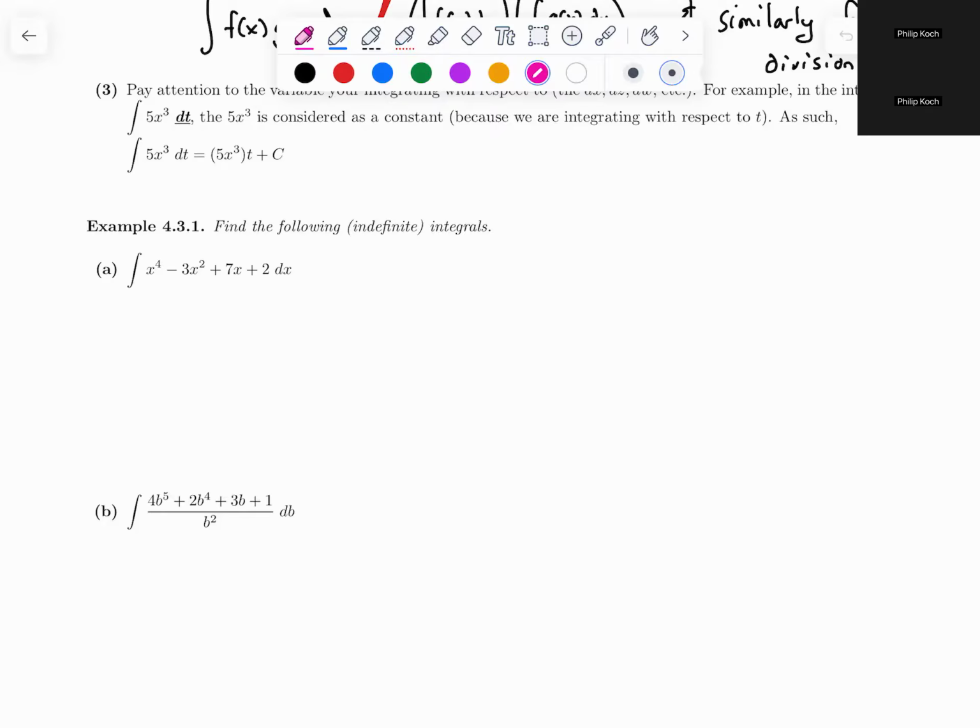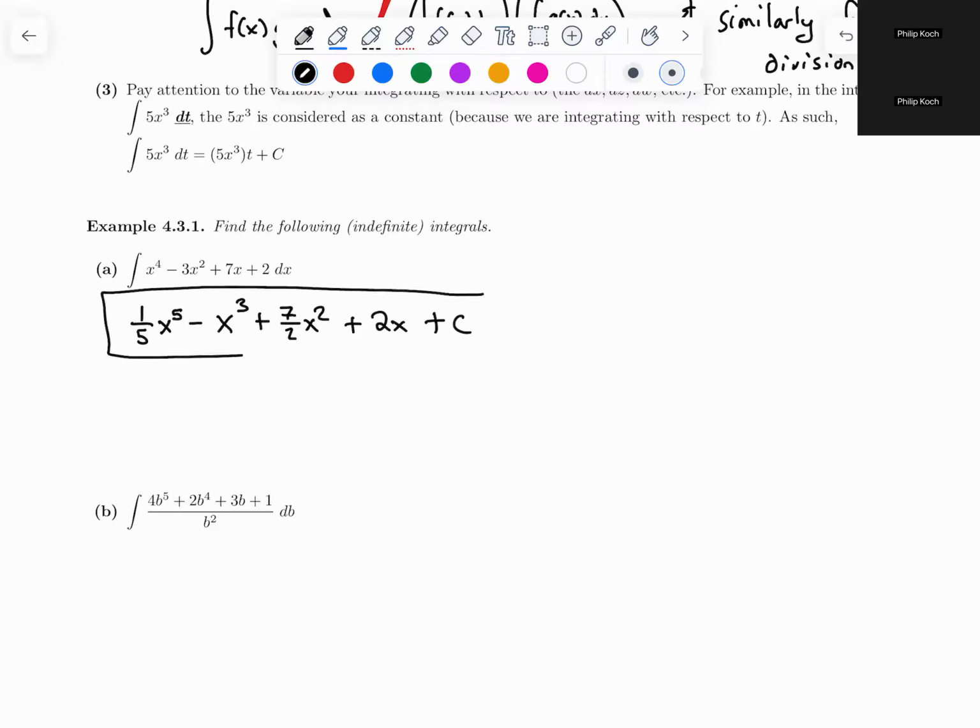So the antiderivative of x to the fourth is 1/5 x to the fifth. Antiderivative of 3x squared would be 3x cubed over 3. So the 3's cancel. We get just minus x cubed, then plus 7 halves x squared plus 2x plus a constant c.